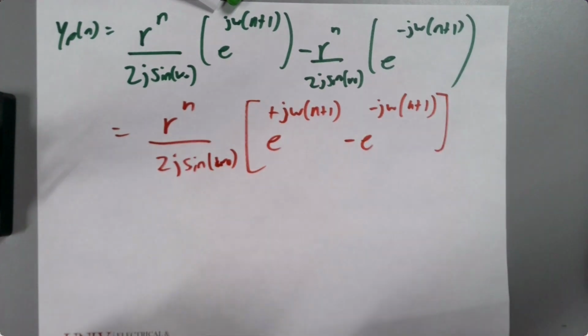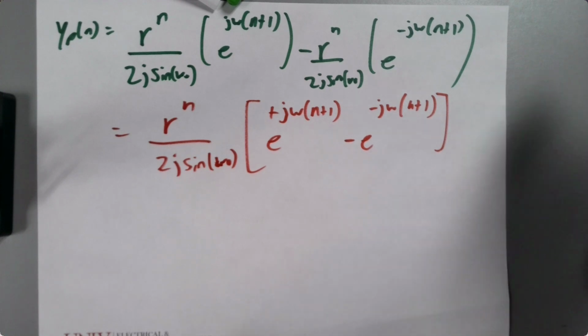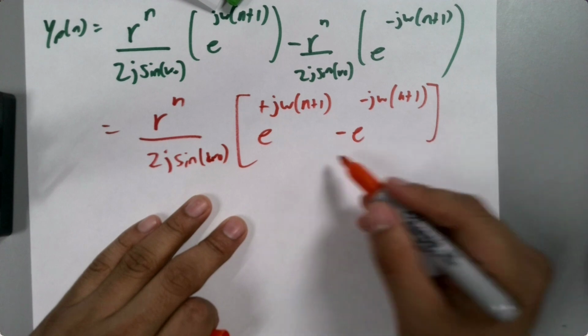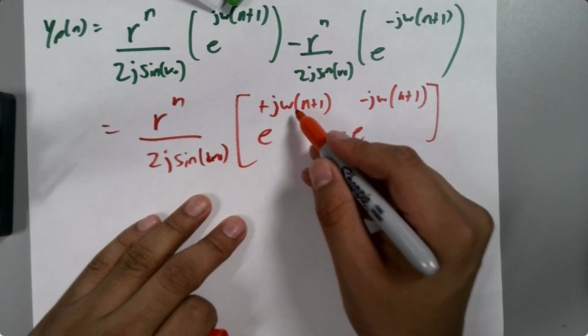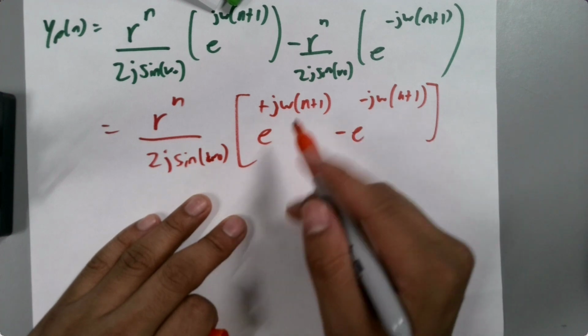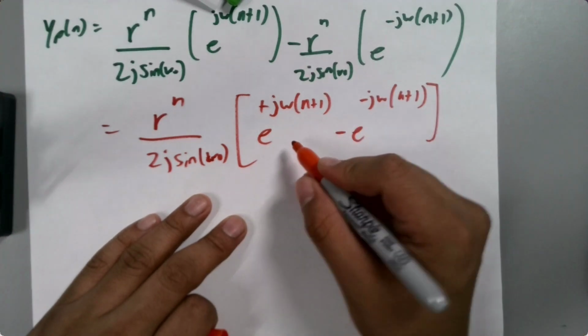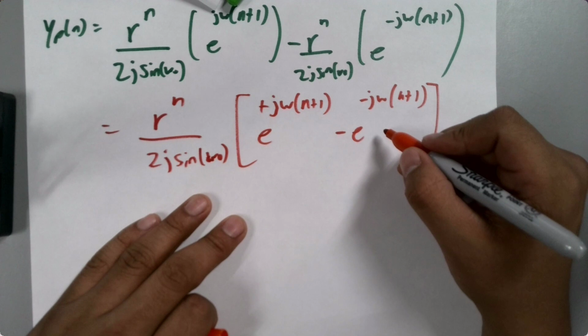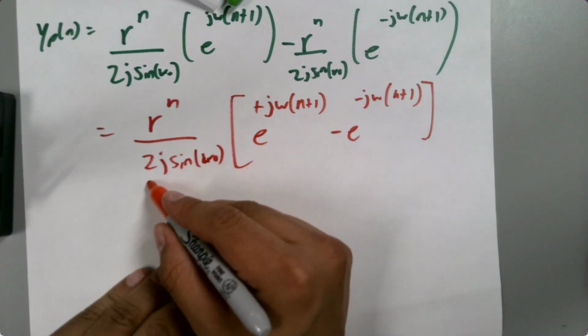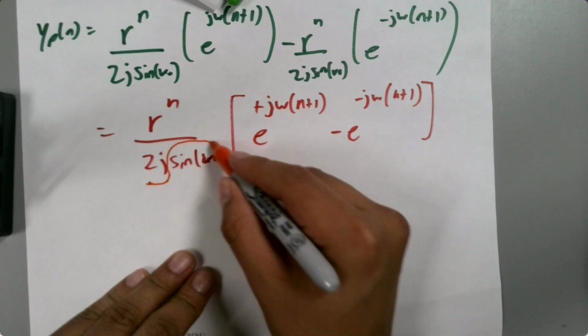All right? And you remember that cool thing we were talking about? That Euler's equation? Here you have a positive frequency and a negative frequency, and we're taking the positive frequency and subtracting it with a negative frequency. So that means we need a 2j, right? Here's our 2j.